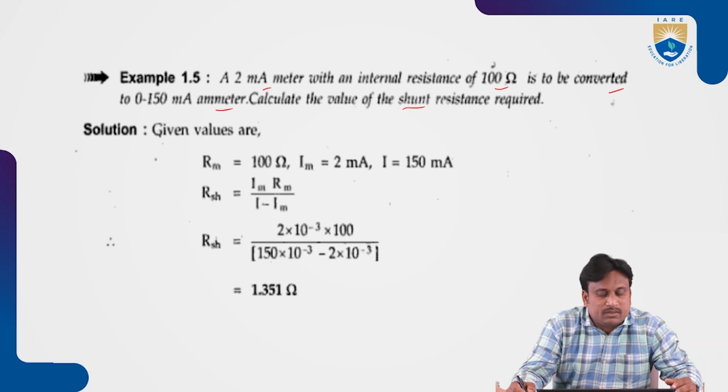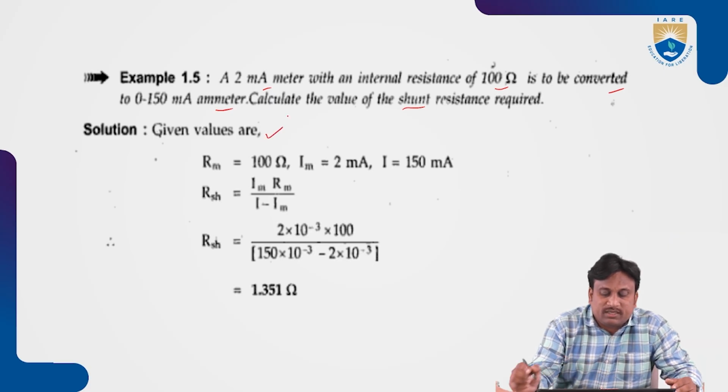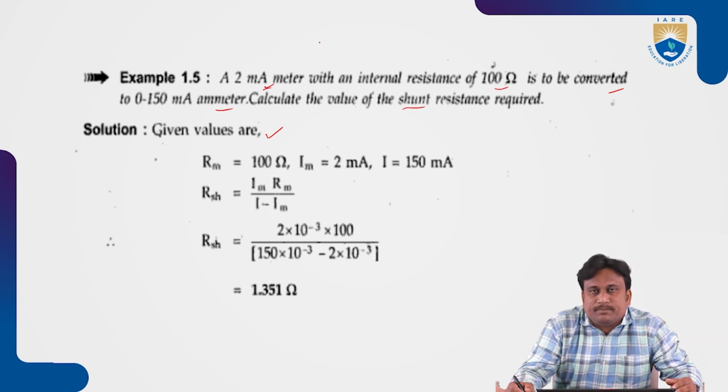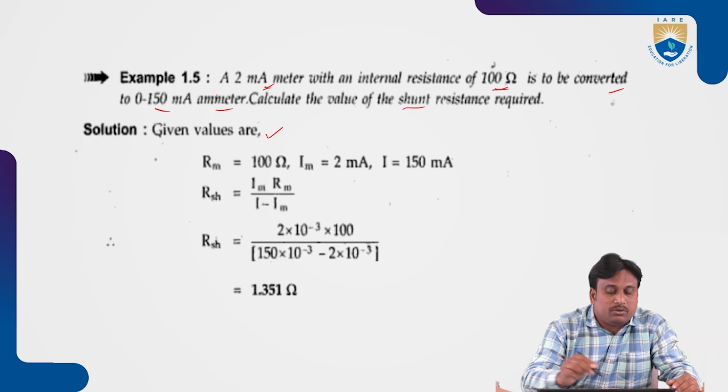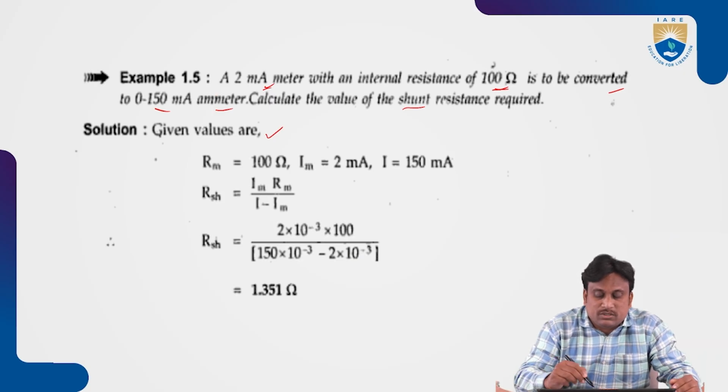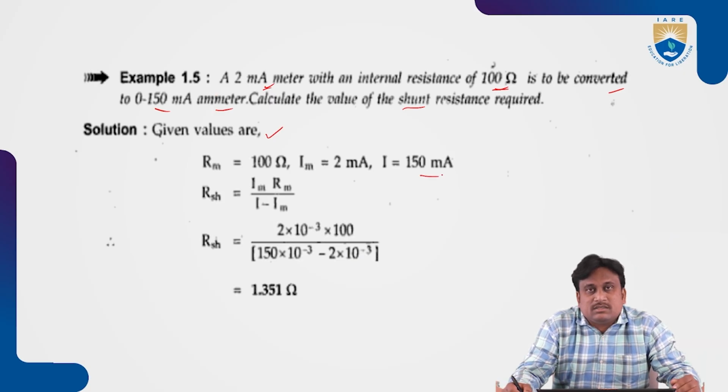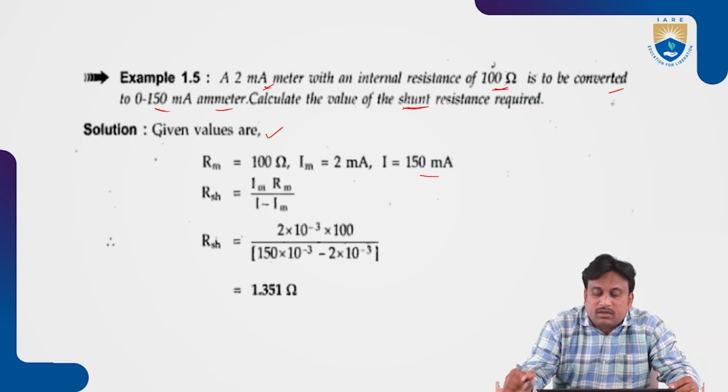The values are: IM, the meter current, is 2 milliamps; meter resistance RM is 100 ohms; and 0 to 150 means the total current I is 150 milliamps. We need to find the shunt resistance required, that is RSH.